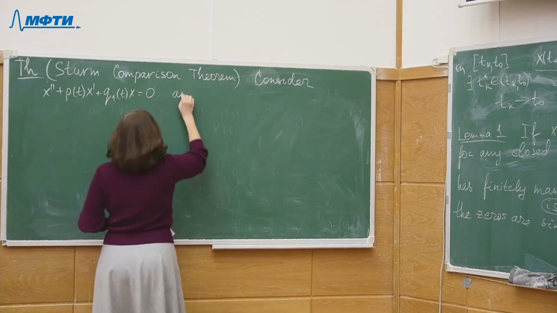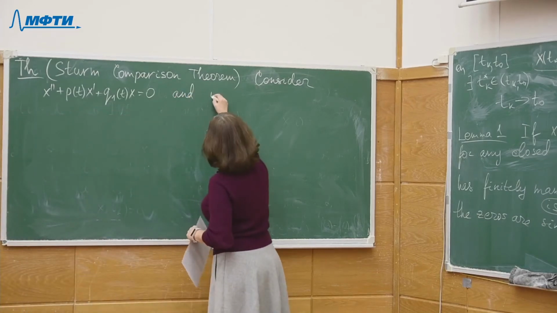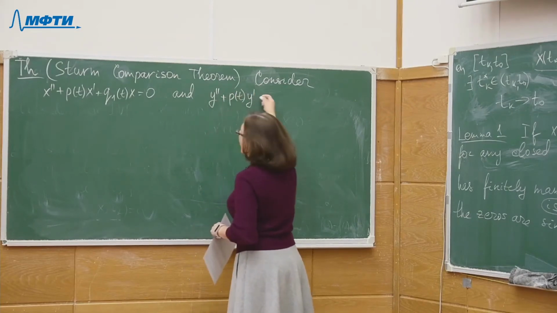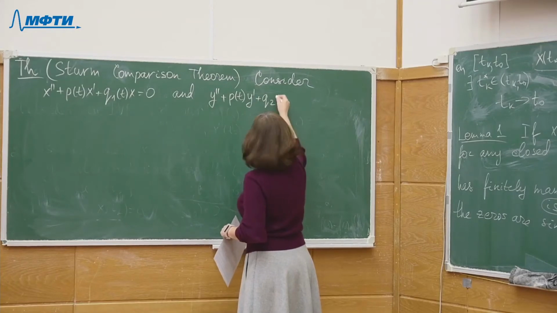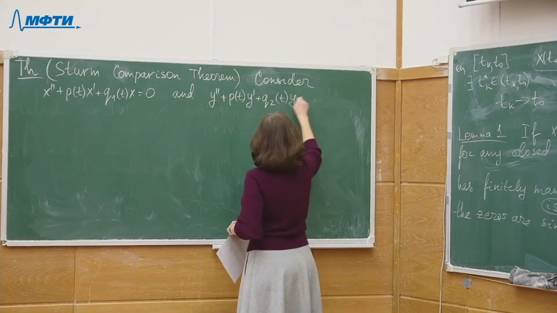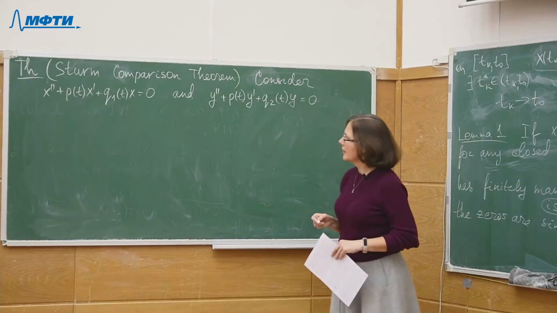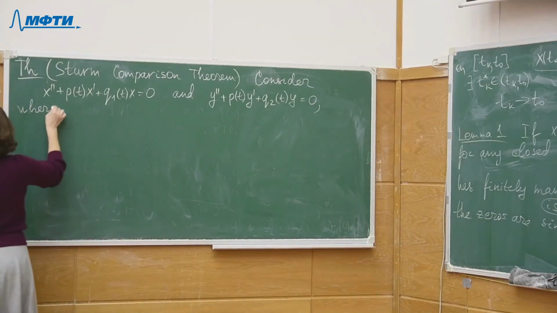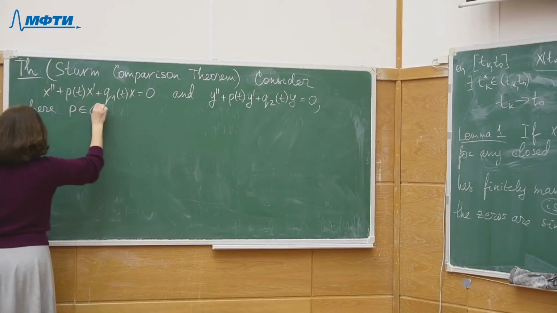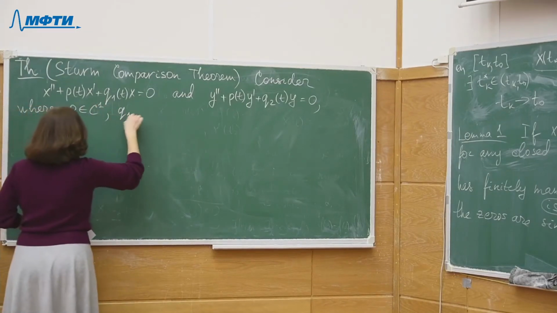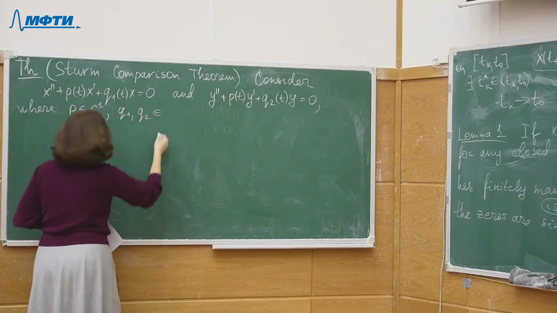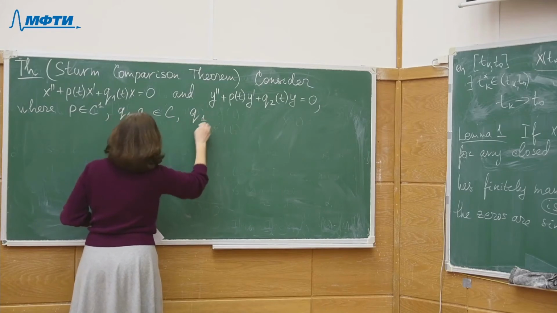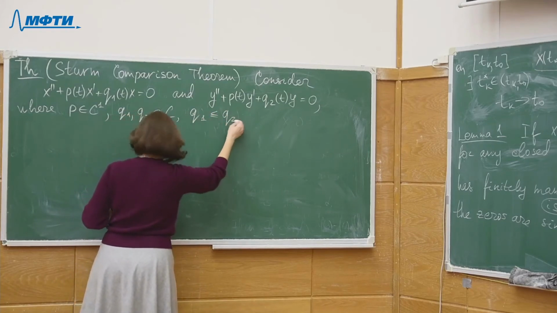And the second equation will be y double prime plus p of t y prime plus q2 of t y equals 0, where p is of class C1, q1 and q2 are of class C, and q1 is less than or equal to q2.